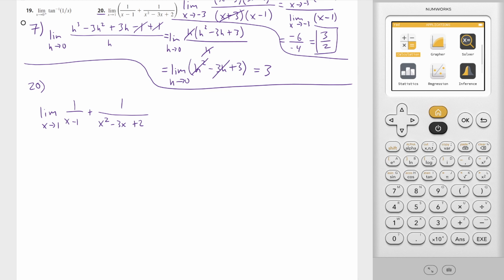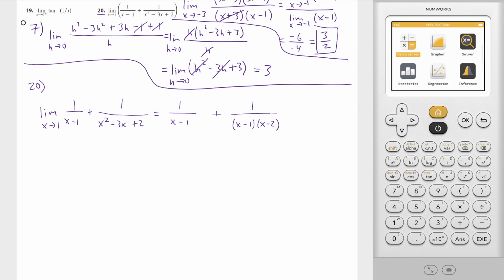And so the first thing we can do is try to figure out how to get a common denominator. It turns out that the denominator of the right term is factorable, and that's going to make it a little bit easier because I won't have to do as much multiplication. So the denominator factors into x minus 1 times x minus 2.